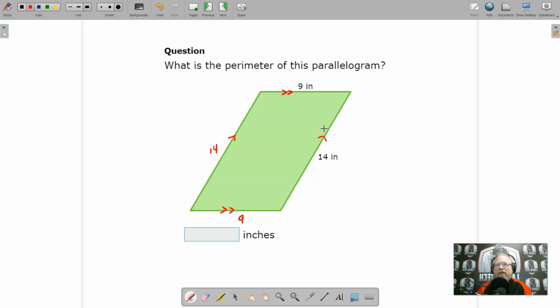So in order to find the perimeter of this parallelogram, there's a couple ways we could do it. We could just say the perimeter is equal to the sum of all the sides, right? So we could start at the top here and say 9 plus 14 plus 9 plus 14 again. But I think this is the long way to do it, right?